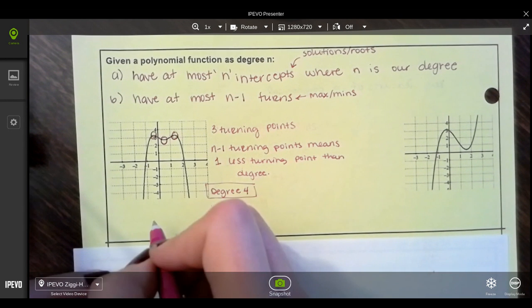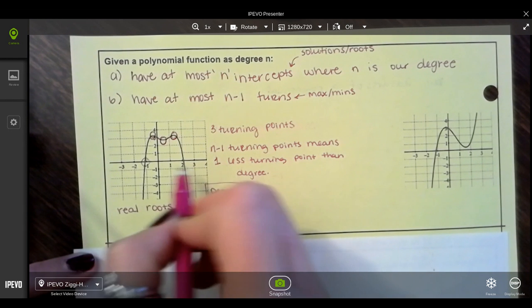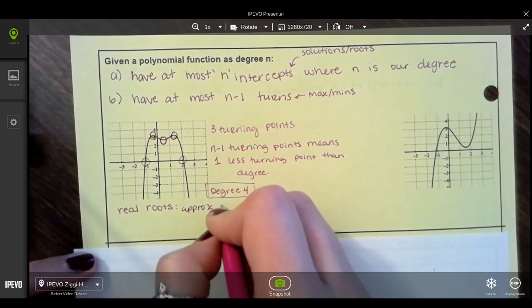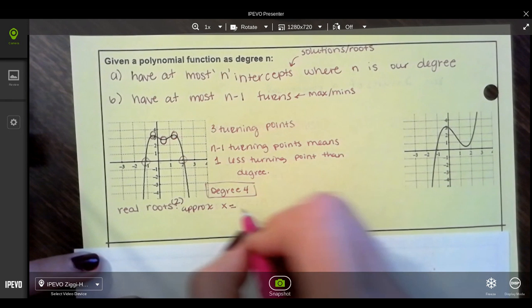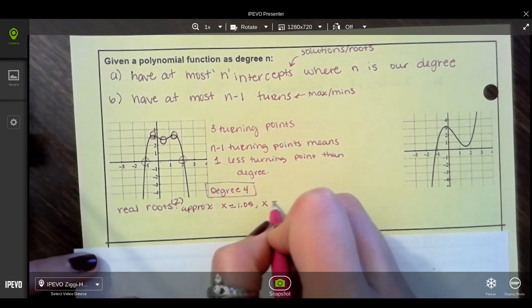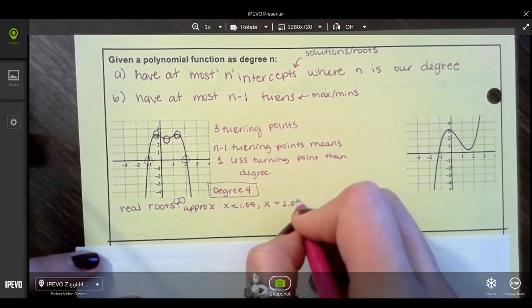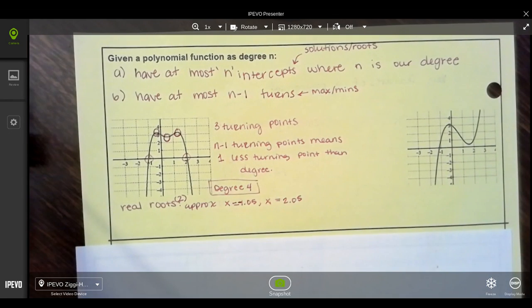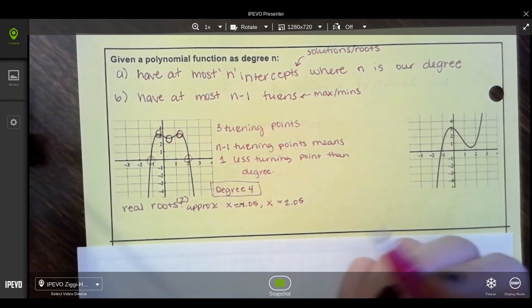Looking here, how many real roots do I have? I've got 1 and I've got 2. So I have 2 real roots, and they're approximately at x equals negative 1 and x equals positive 2, just on the edge of 1 and 2.